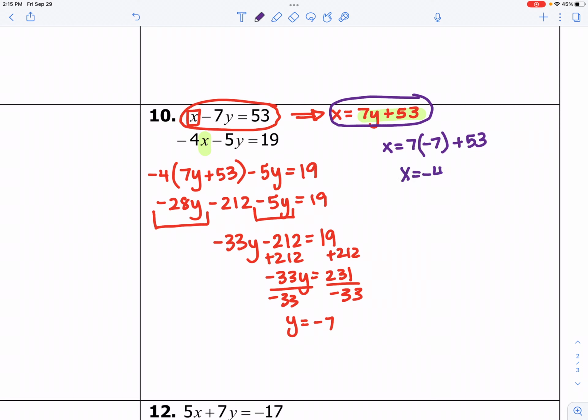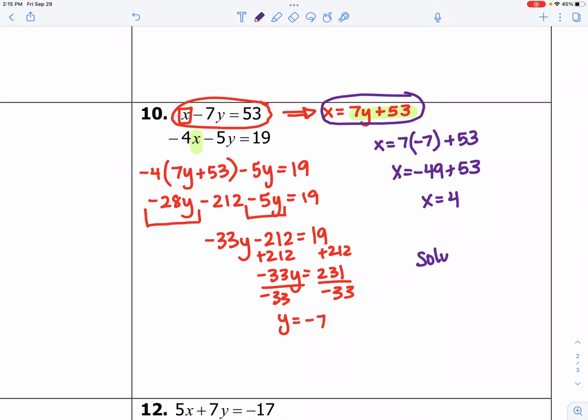So x equals negative 49 plus 53. X equals 4. So my solution is the ordered pair 4, negative 7. Be very careful. Some people will want to put negative 7, 4, and that is wrong. Just because we did solve for the y first doesn't mean that that's the first number in my ordered pair. Remember, it's an x and then a y.